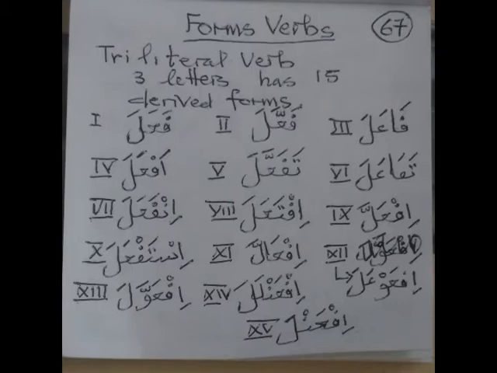For number four, you have af'ala. And a good example is you substitute the fa and the ain with a sin. You can have aslama. That's something everyone knows. Aslama is where the word Muslim comes from. That's a root verb of the word Muslim.